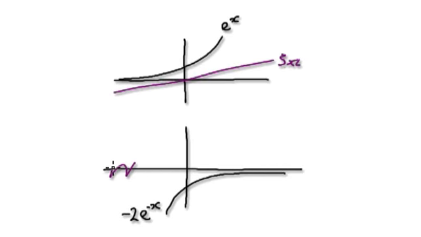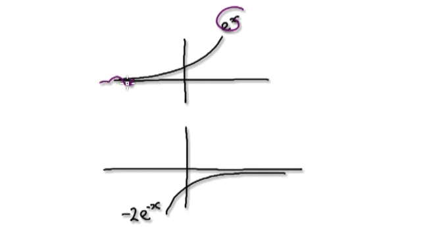In this region here, this term will dominate, because this term e to the power of x around this region is very small. Look at it, it's tiny around here. And 3x is still quite small in comparison to this.